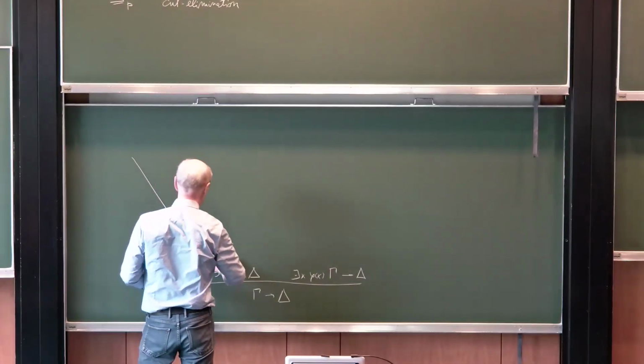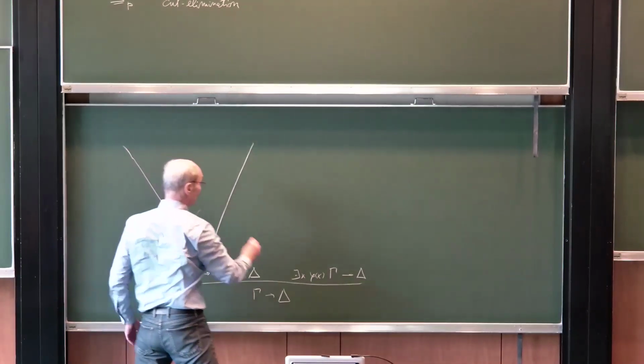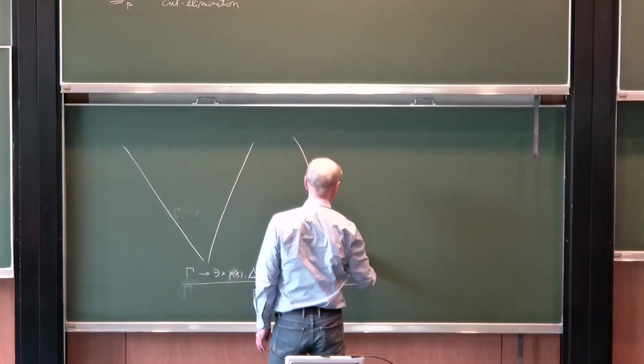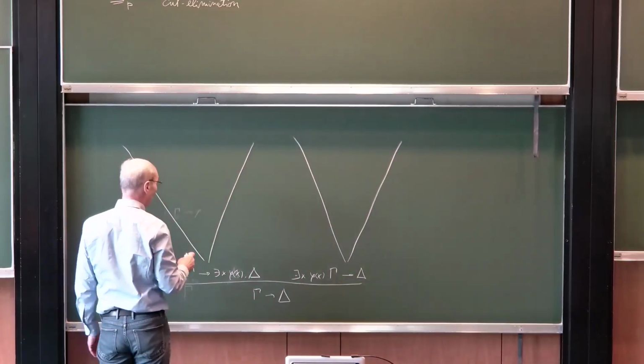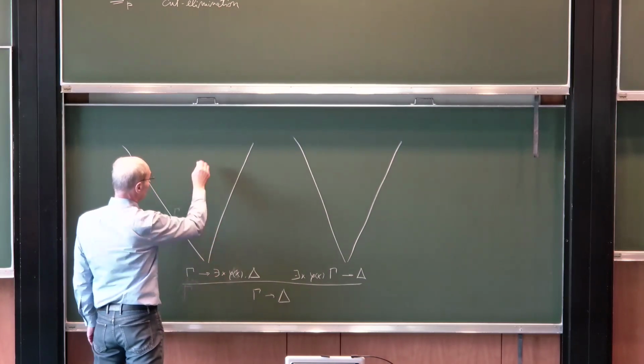So there is a subtree in which this sequent is proved, and here is a subtree in which this sequent is proved. And what we do now, we look at the places where this quantifier was introduced.